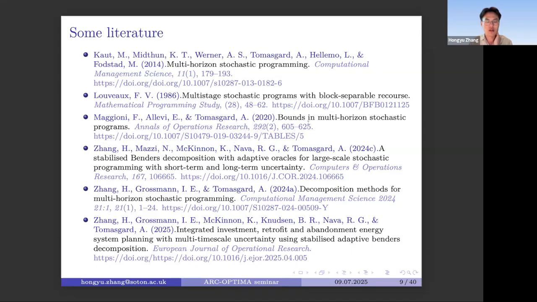And then there is some theoretical work along this line. And from our side, we mainly focus on exploiting the problem structure of MHSP and developing efficient solution algorithms to solve large-scale problems. And so for today, like I said, some part of the talk will be based on the last paper presented here.